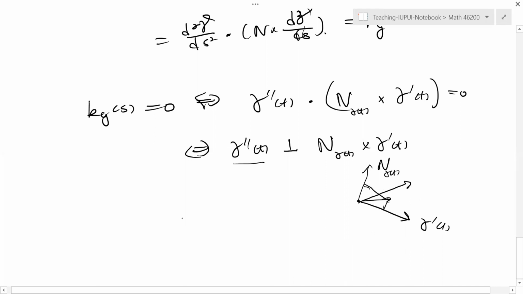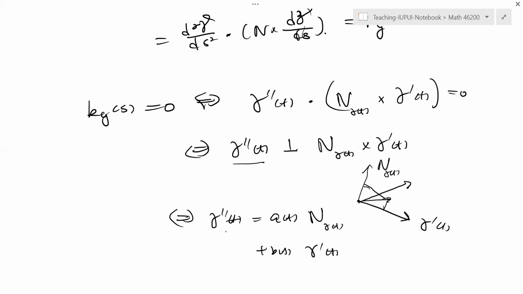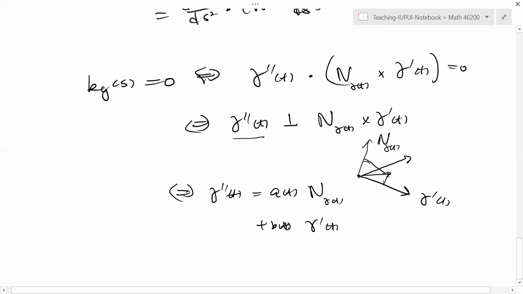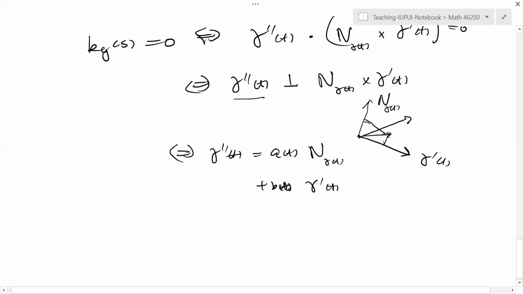In other words, gamma double prime must be a linear combination of n and d over dt of gamma prime of t. So given a curve with arbitrary parameter, to check whether it is a geodesic, meaning the corresponding geodesic curvature is 0, it holds if and only if the second derivative is a linear combination of these. t is an arbitrary parameter. You can check that.